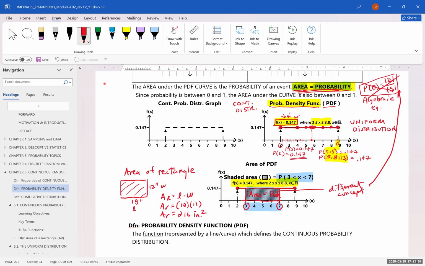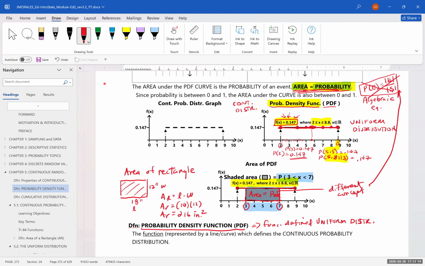So, in short, a probability density function is the function that defines the uniform distribution.